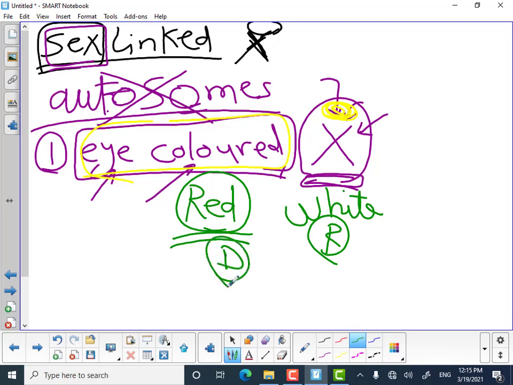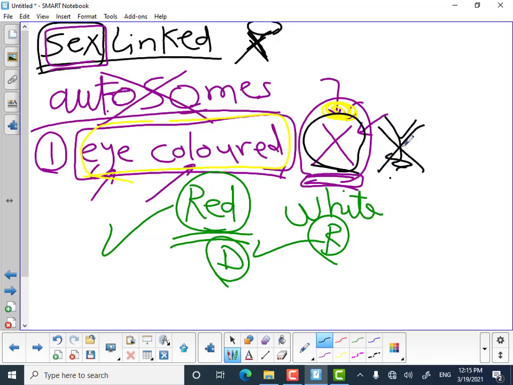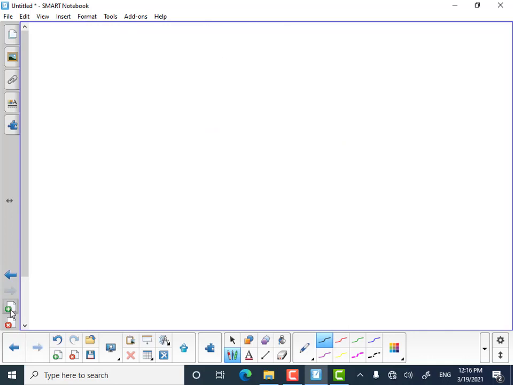Now we will start to work out the inheritance of the red color and the white color in the Drosophila, which is carried, like we said, on the X chromosome. Only X, or X and Y? No, only the X chromosome carries the sex-linked character. Okay.